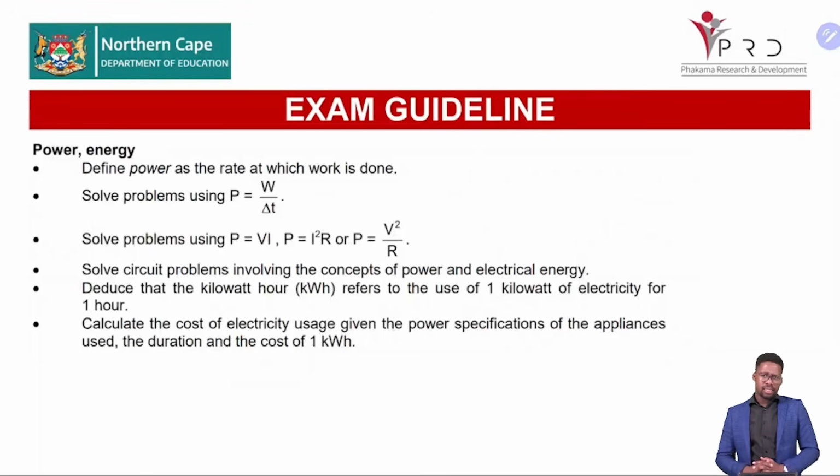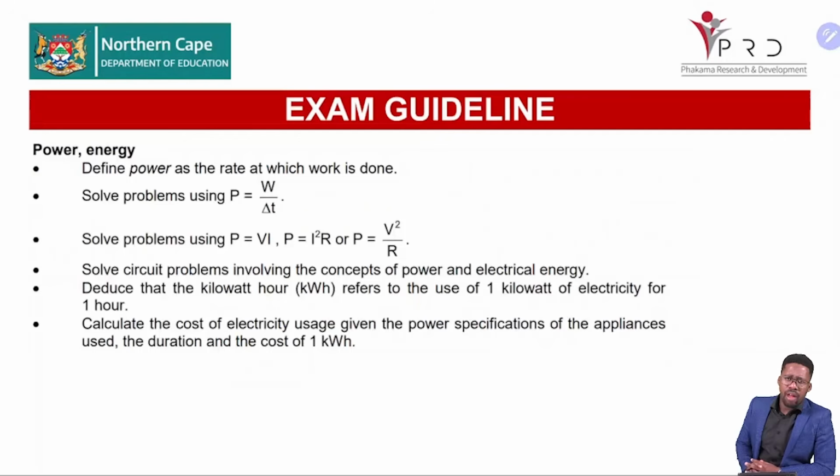It is important, learners, that we write the definition not according to our understanding, not according to the material that we are using at school, at home, not according to YouTube, but according to the exam guideline of 2021, because the memo will speak to the exam guideline of 2021. So that's another definition that we can expect from the question paper, power in question 8.